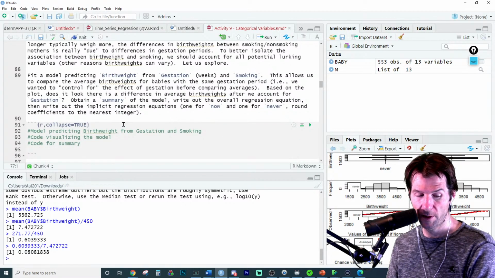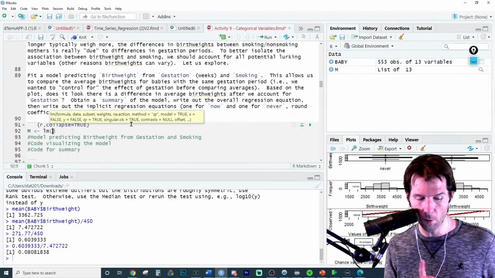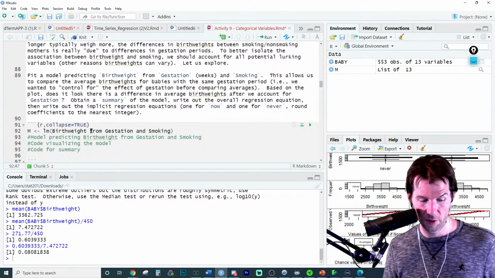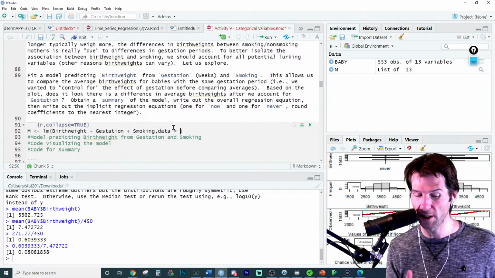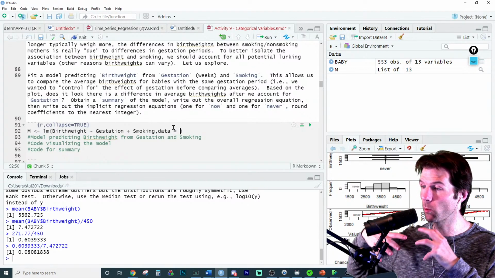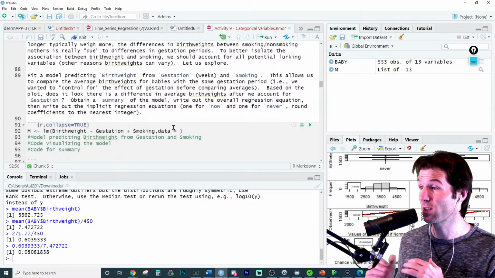So now we want to fit a model with these variables. So let's go in here. What's important about multiple regression right here, we're just going to grab this, do our little tilde, and do plus. What's important about doing a multiple regression is the interpretation: two mothers who are otherwise identical, but one is smoking and one is never smoking. That means the mothers who are otherwise identical had the same length of pregnancy.